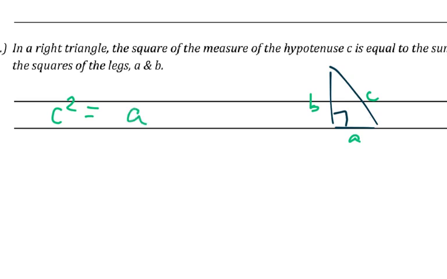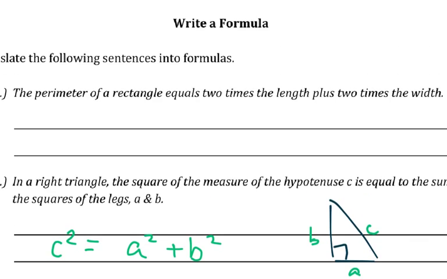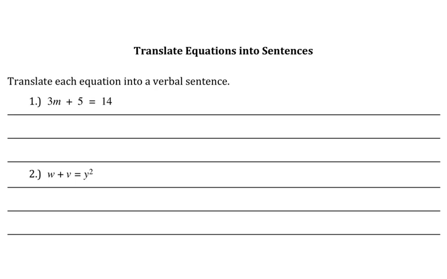So that means that I'm going to square this leg, I'm going to square this leg, and the reason that it's not written like this, I would call A plus B as a quantity squared, I would call that the sum of the legs squared. So this would be incorrect, while this would be perfect here. And this is the Pythagorean Theorem if you've ever seen it before. So in these first two problems, they're just throwing some geometry type formula problems to us.